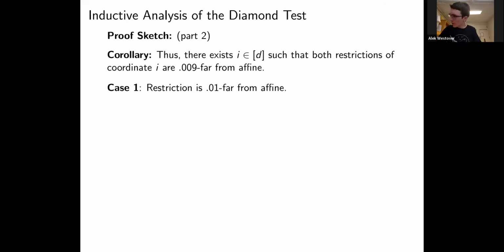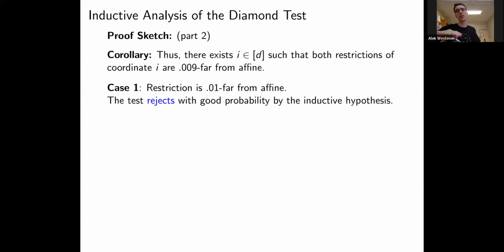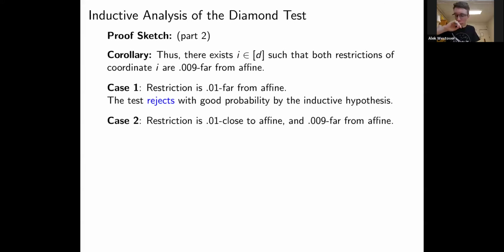And then we're going to think about two cases. First, if the restriction is very far from affine, then we can just apply our inductive hypothesis. Remember, the whole thing we're trying to show is that if f is this far from affine, then there's a good rejection probability. The second case is that f is not quite that far from affine, but it's still reasonably far due to the corollary.